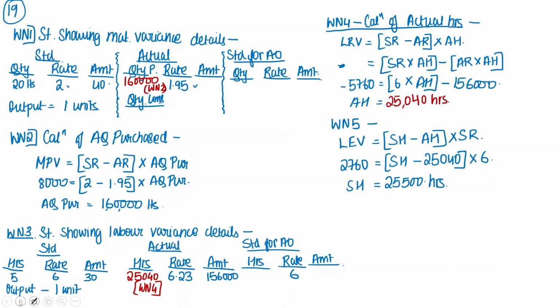So I can write this down here: 25,500 hours I have got from working note 5. And multiply and tell me this also.